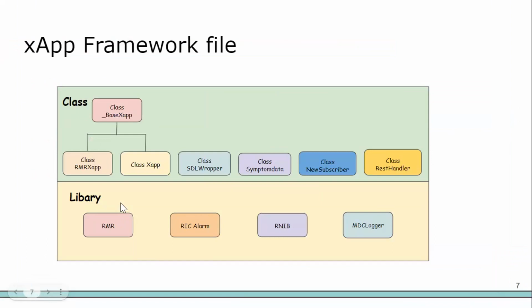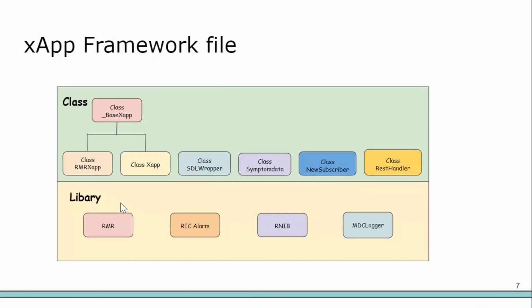Okay. So for the 3 different languages, do they have similar classes or libraries? Yes, I think it has differences, and it also has the same. I mean, for example, they define a class xApp.